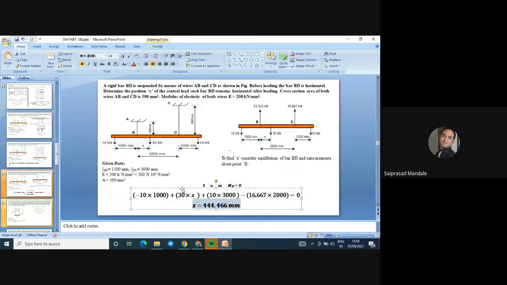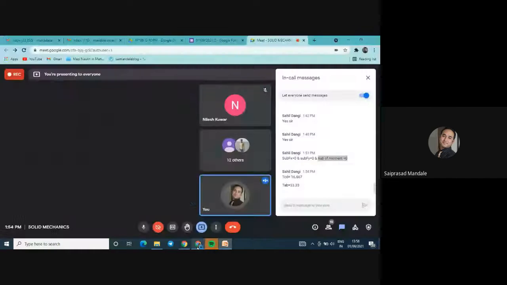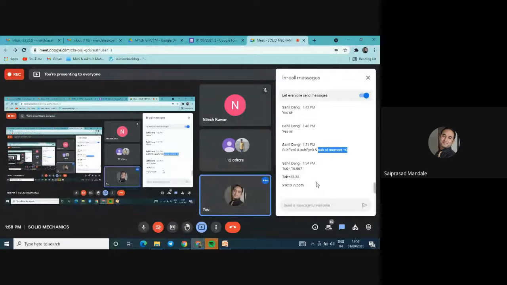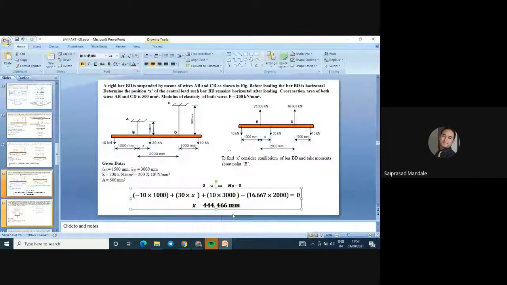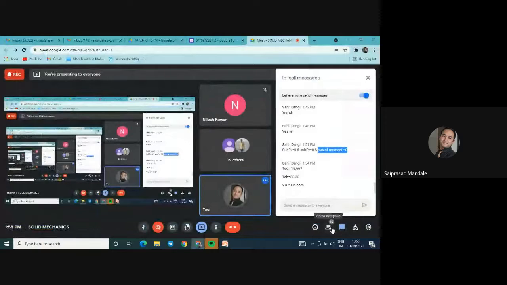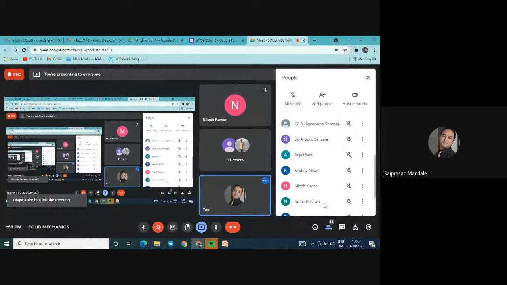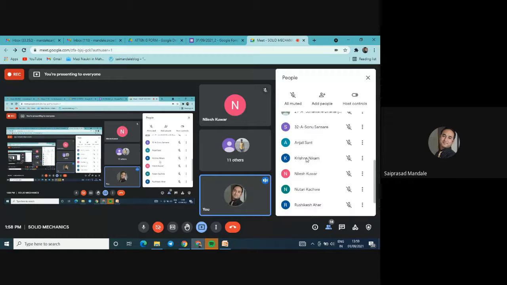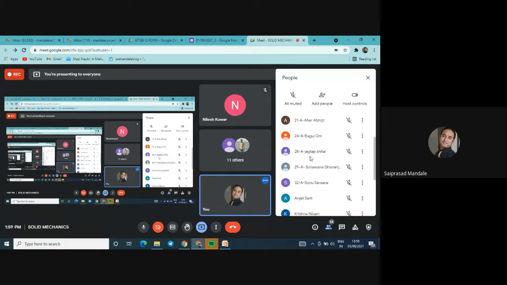Did everyone understand where this equation came from? Yes, okay. From where this equation came, have you understood? Let me ask the newcomers. Anjali Sant. She is busy somewhere. Krishna Nikam, Jagtap. Yes, sir.